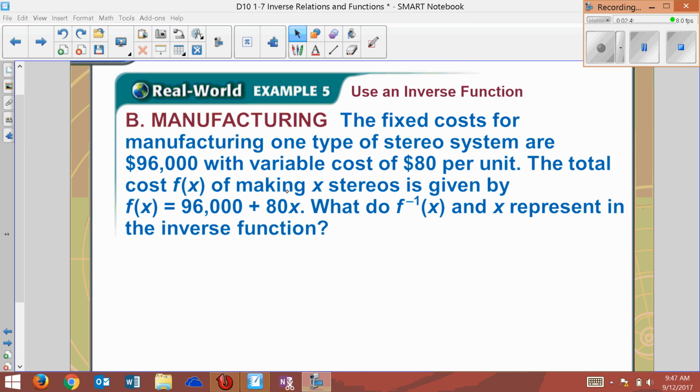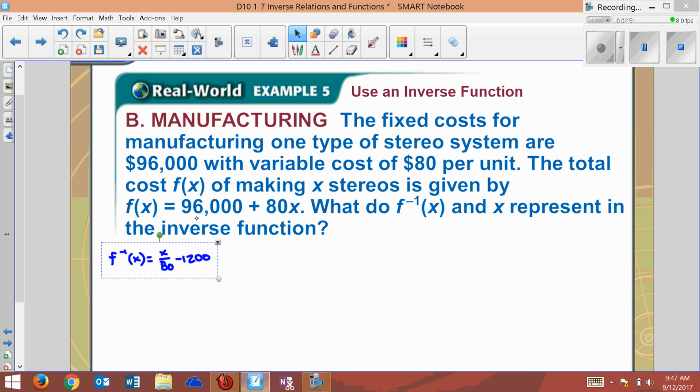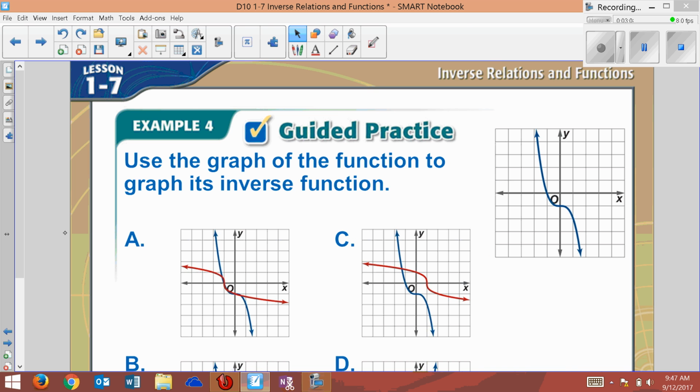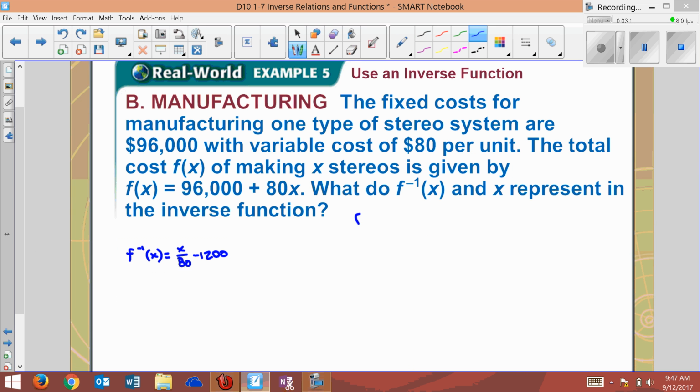All right, part B. So we have the same problem, but when we get here, it says, what do the inverse and x represent in the inverse function? So let's look back at the equation. Originally, x represented stereos, and cost was f of x. In the original, f of x equaled cost, and x was the stereos.